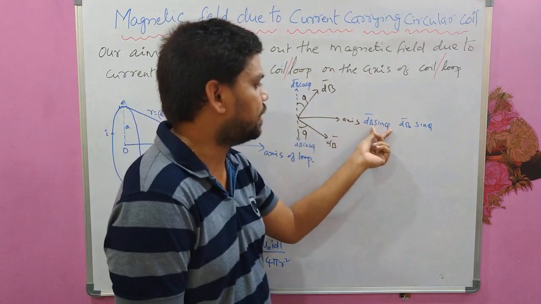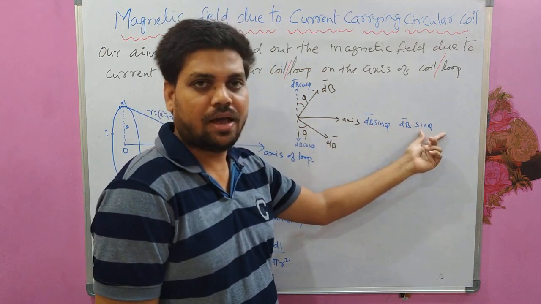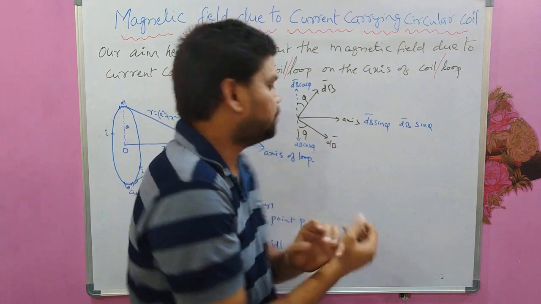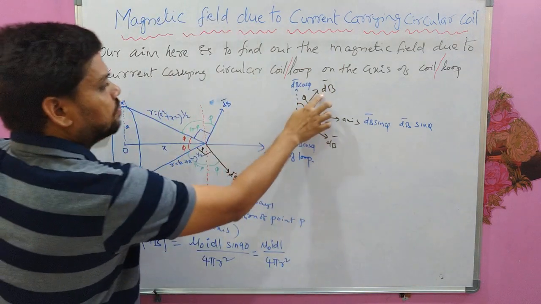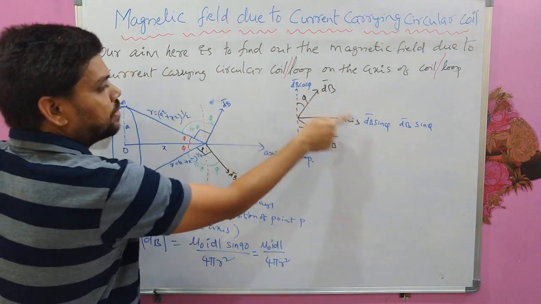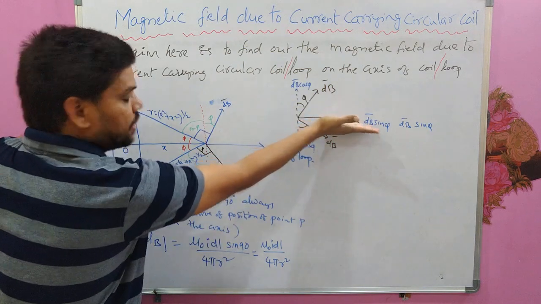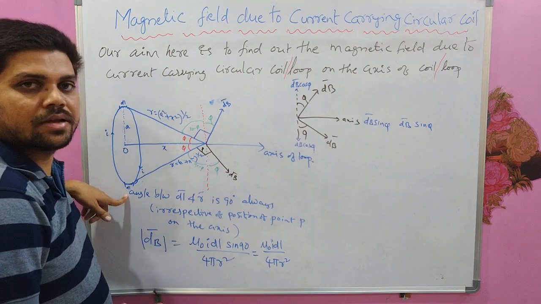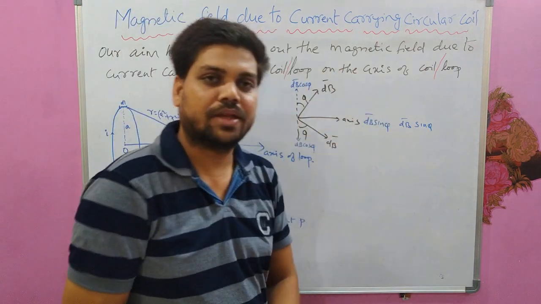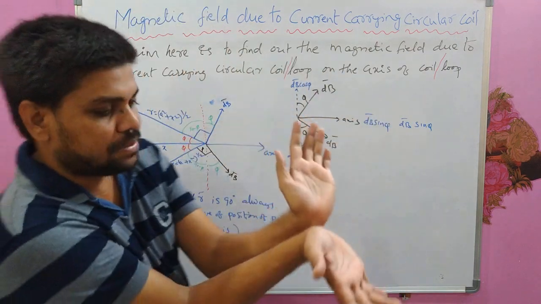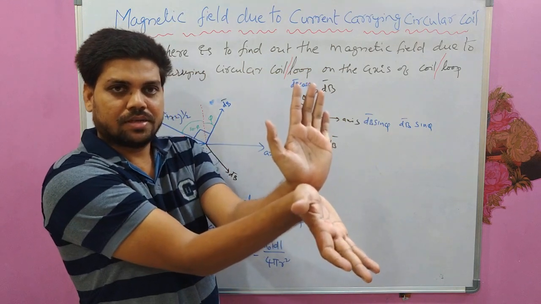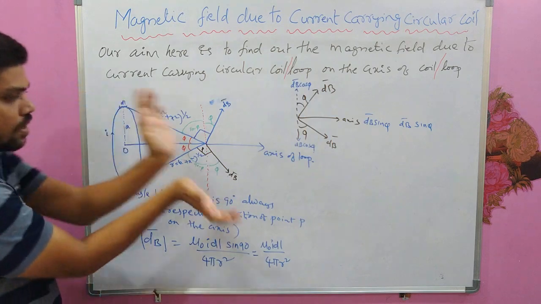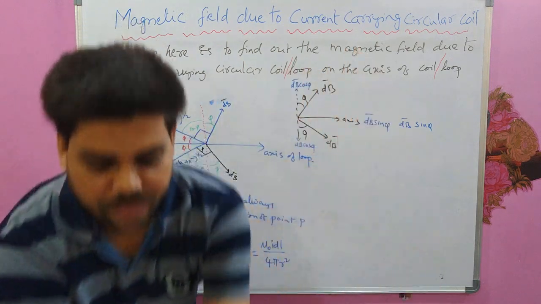Similarly, dB sin phi and dB sin phi are in the same direction due to both elements. For this element dl it is dB sin phi here, and for this element dl it is dB sin phi here. Now if you observe these values, this dB cos phi and this dB cos phi, the magnetic field components due to opposite length elements are opposite to each other.